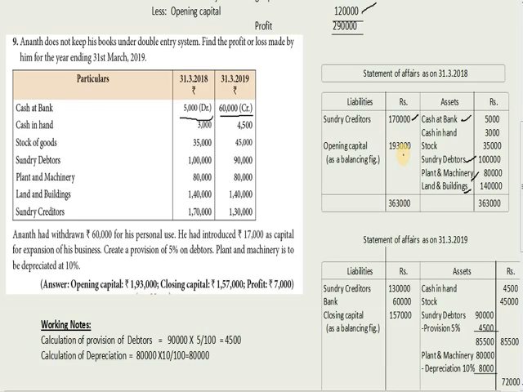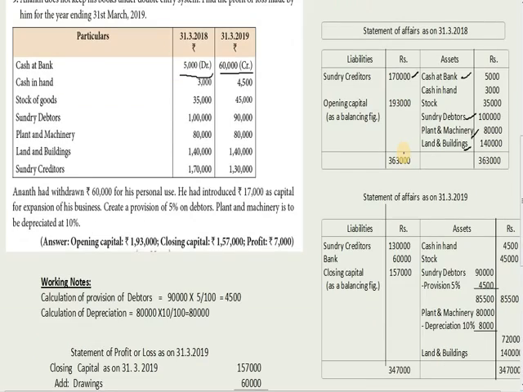Next, we have to proceed with the preparation of statement of affairs as on 31st March 2019. So the tricky part in this problem is, first thing is we have to understand that if we have debit balance in the bank, that is a positive balance. If we have credit balance in the bank, that is negative balance.